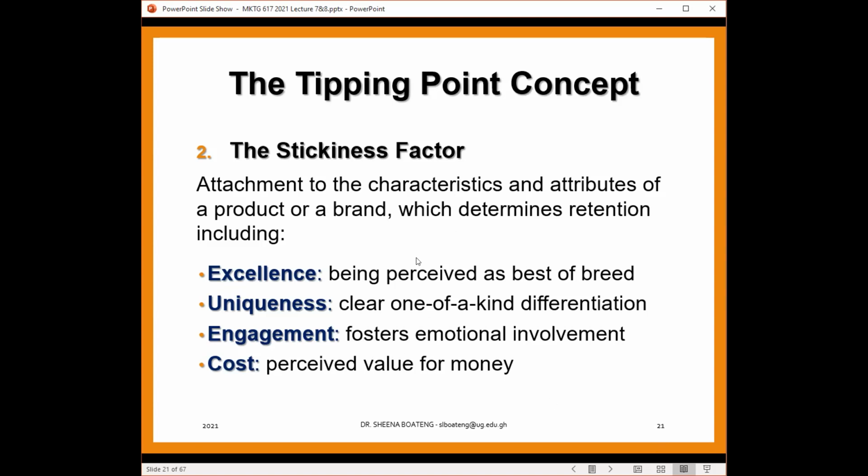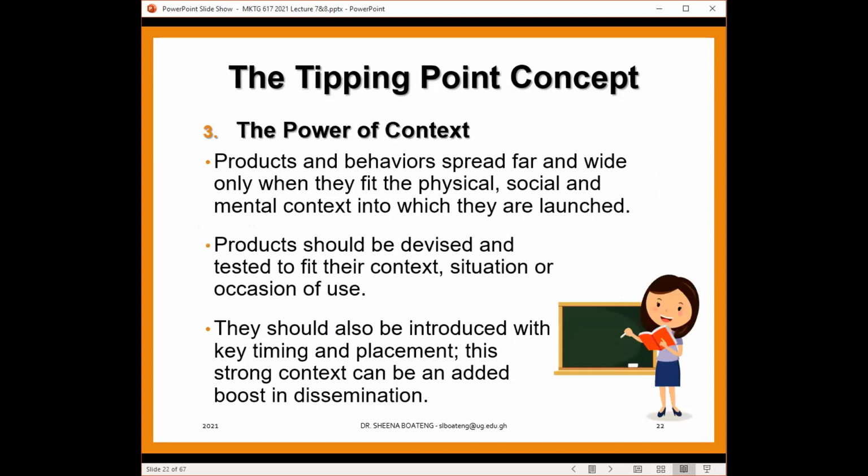So these are 4 aspects of a brand or a product or service that e-marketers can use to create a stickiness factor to keep users or customers stuck to their brand. And once a set of customers become stuck to your brand, it's very easy for them to motivate others to also come and stick to your brand through word of mouth and copycat behavior, as we have learned earlier under the first law, which talked about the law of the few.